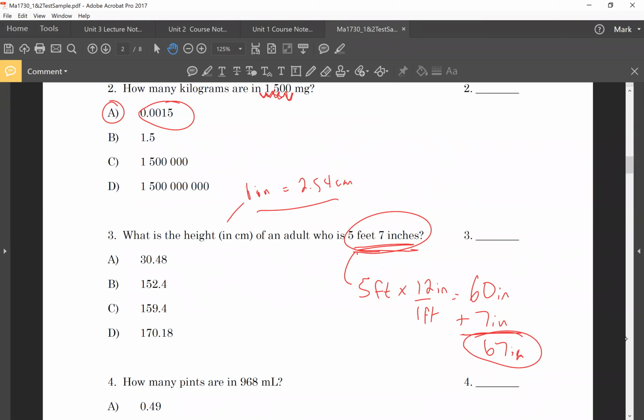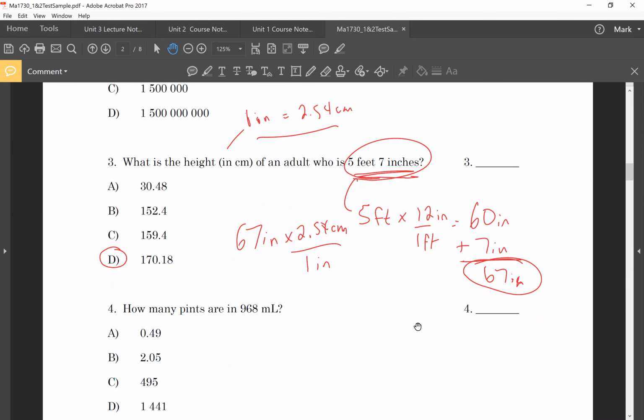Then we add the 7. So now all I have to do is multiply the 67 inches by my conversion factor, which I'm writing way too big. And you'll get your answer. Sorry, I'm writing a little messy for that one. But my answer, if I did that, would be D.